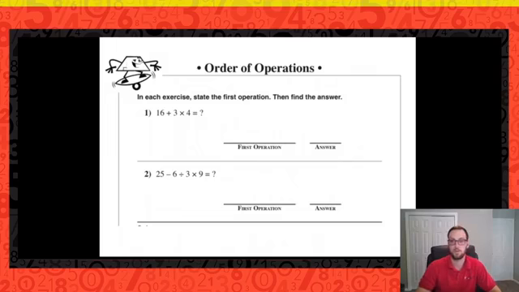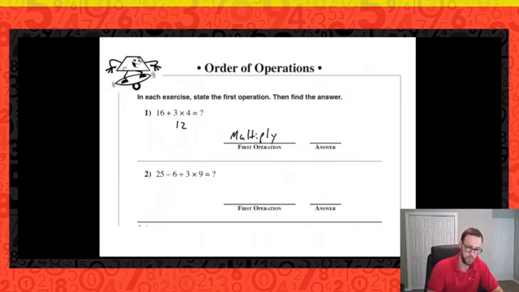So for these next couple exercises, I want to figure out what the first operation is that I'm going to do, and then we'll figure out the answer. I want to get some practice identifying which operation needs to be done first. So for number 1, what operation do we need to do first? Yeah, very good. The first thing we're going to do is multiply.